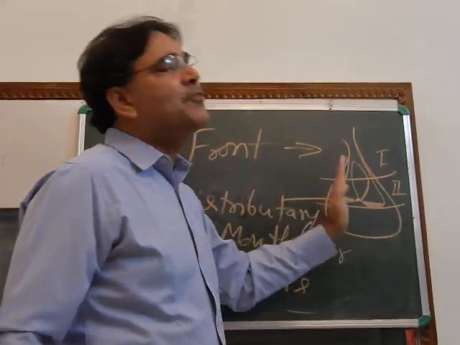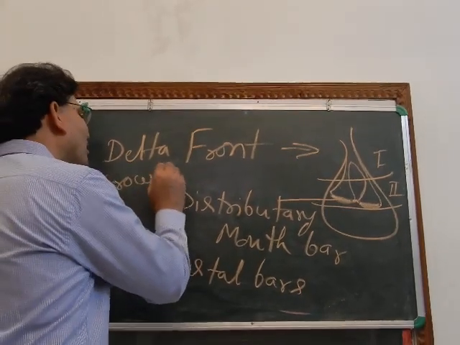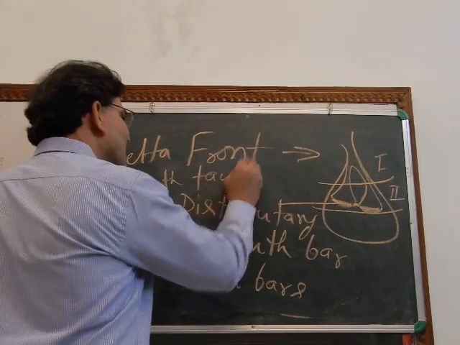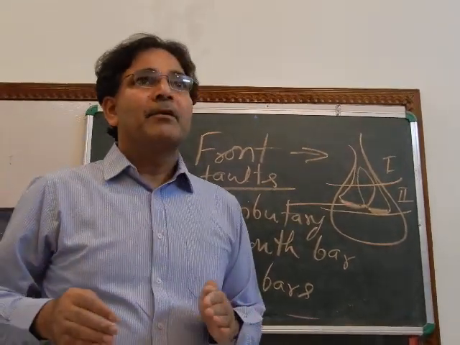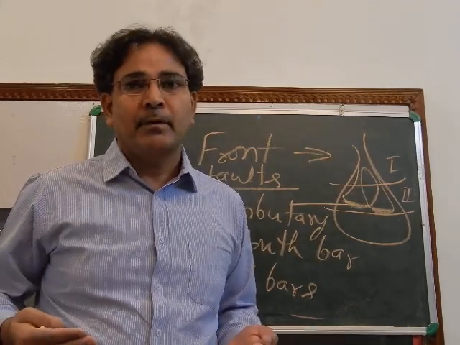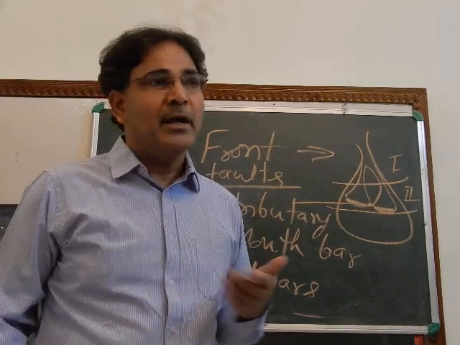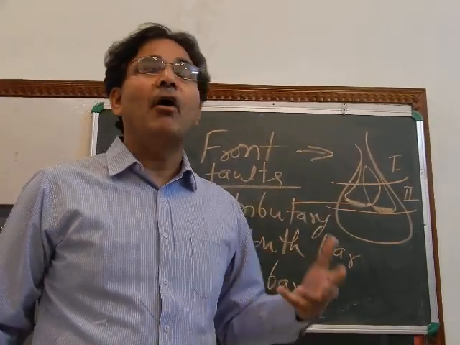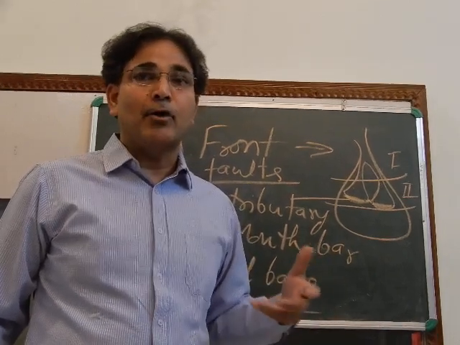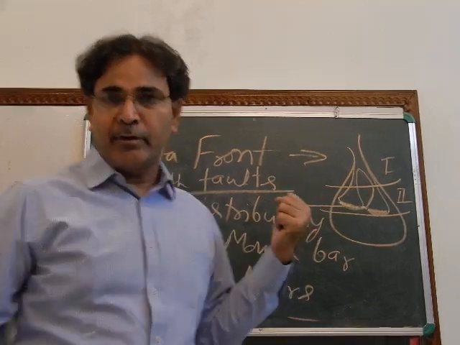This region is very important for growth faults. I have already discussed growth faults in one of my lectures. These are syndepositional structures formed because of differential subsidence. The growth faults and mud diapirs form very important hydrocarbon traps, so they are very useful in hydrocarbon deposits.